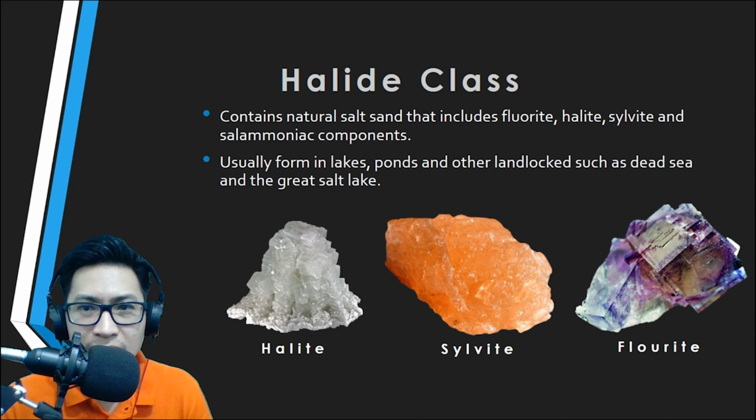Dito naman sa halide class, the mineral contains an element of chlorine or bromine or fluorine or iodine, which was combined with one or more metals. Like for example, the halite. The halite is what we call the rock salt. Okay? We have the sylvite and the fluorite.